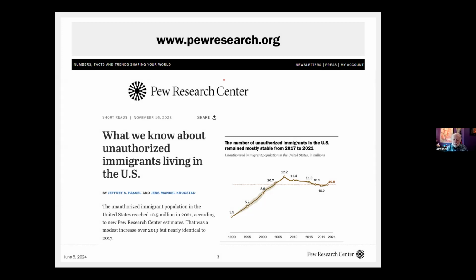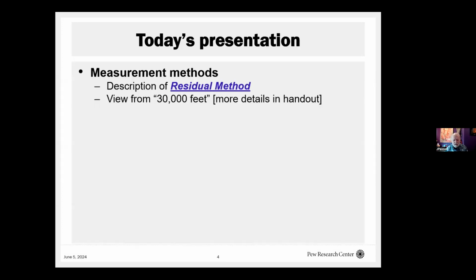My talk today is going to be, I think, a little different from the last one. I'm going to talk basically about how we and I make our estimates of both the numbers of unauthorized immigrants and what we do to develop data on the characteristics of the immigrants.